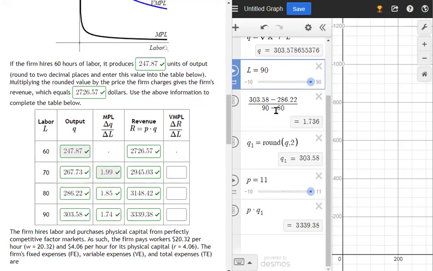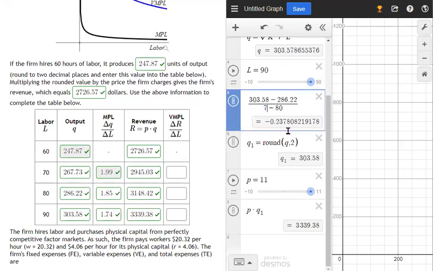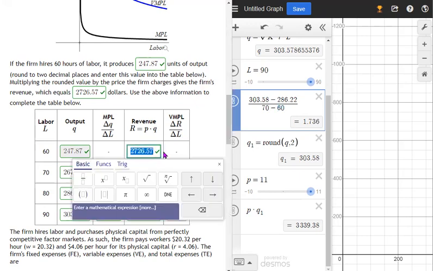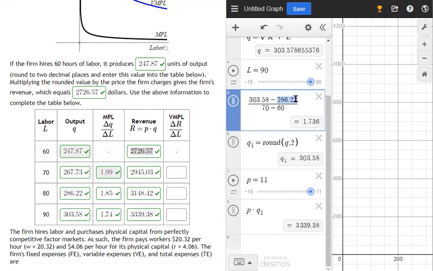So when my labor was 60, what was my revenue? Well, when my labor was 60, my revenue was that, right? The thing I'm going to paste over the 286.22 is the revenue at 60 hours of labor demanded, right?